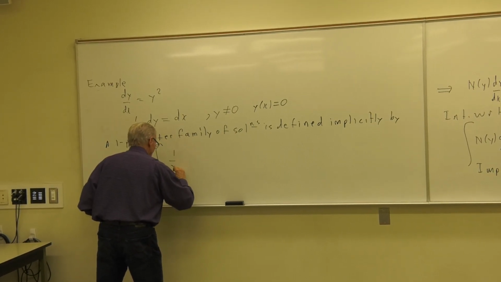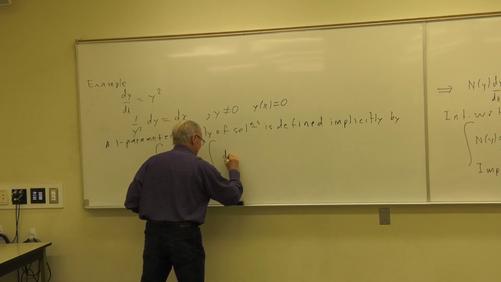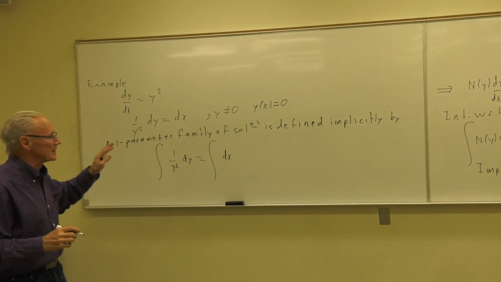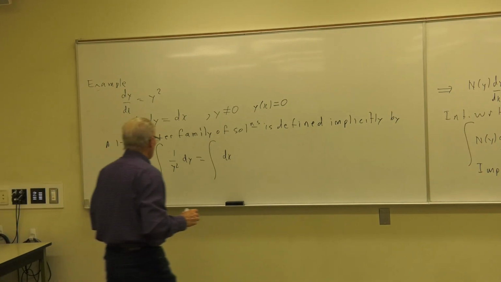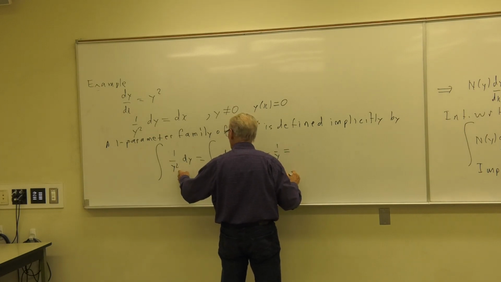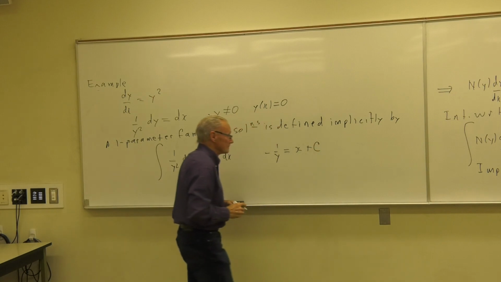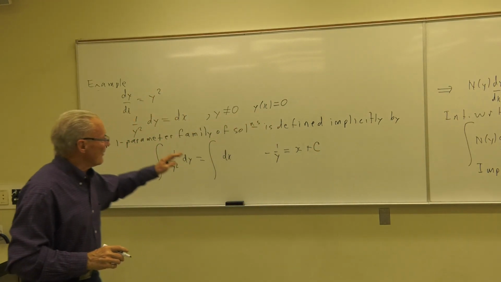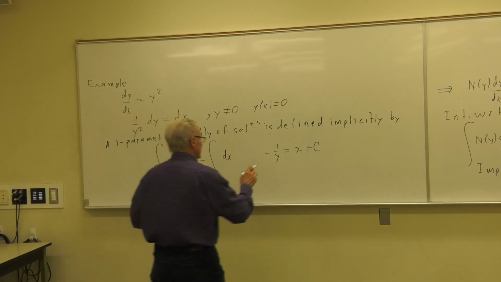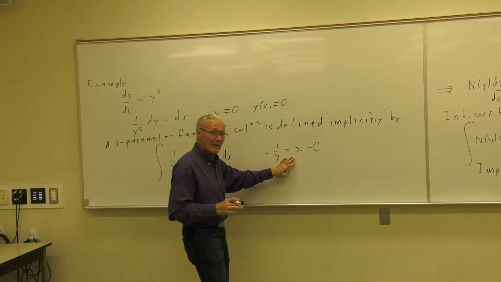1 over y squared dy is equal to integral dx. And we can do this in the context of differential equations. So if we do it, we get minus 1 over y for the antiderivative on the left, and the antiderivative on the right, x plus c. So functions that are defined implicitly by this equation are solutions to this differential equation. But I can get them explicitly.